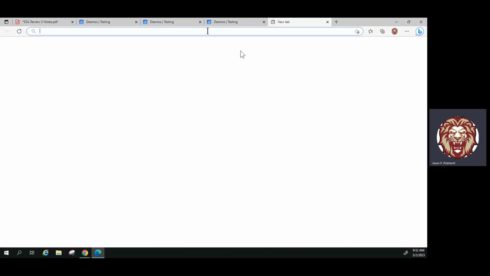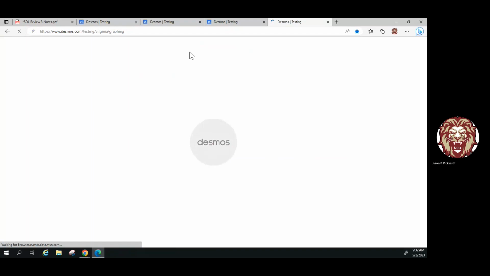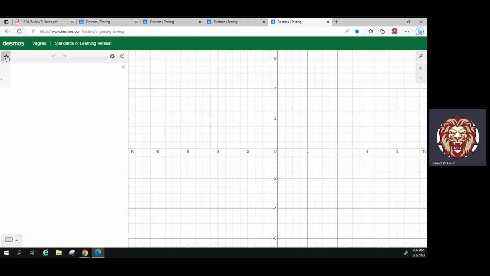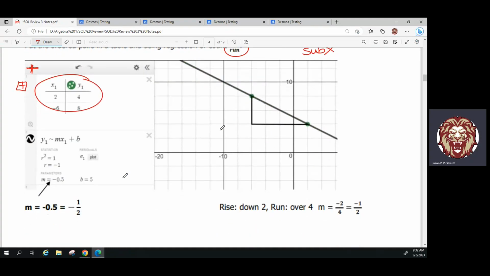In fact, I can actually show that. So I can press the plus button here and then you can hit table and you can enter anything in here, coordinates. You can enter a table if we're given one. And then you can use this equation. This is what we use for the line of best fit, which we'll talk about a little bit later.